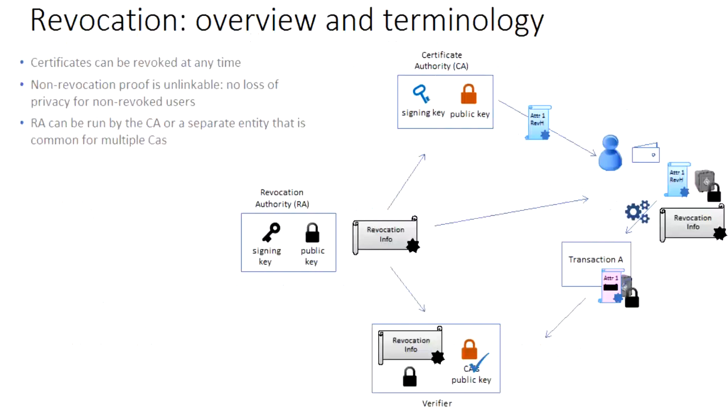The CA stores this attribute. So when the certificate is revoked, it's revoked by this revocation handle. The main difference on a very high level between X509 and privacy-preserving revocation is that we cannot reveal this revocation handle in the clear during the transaction.